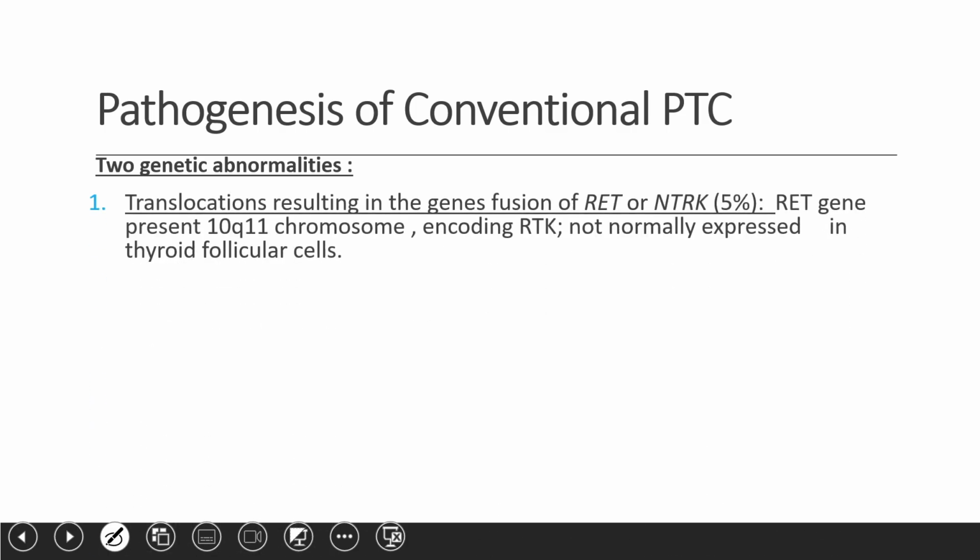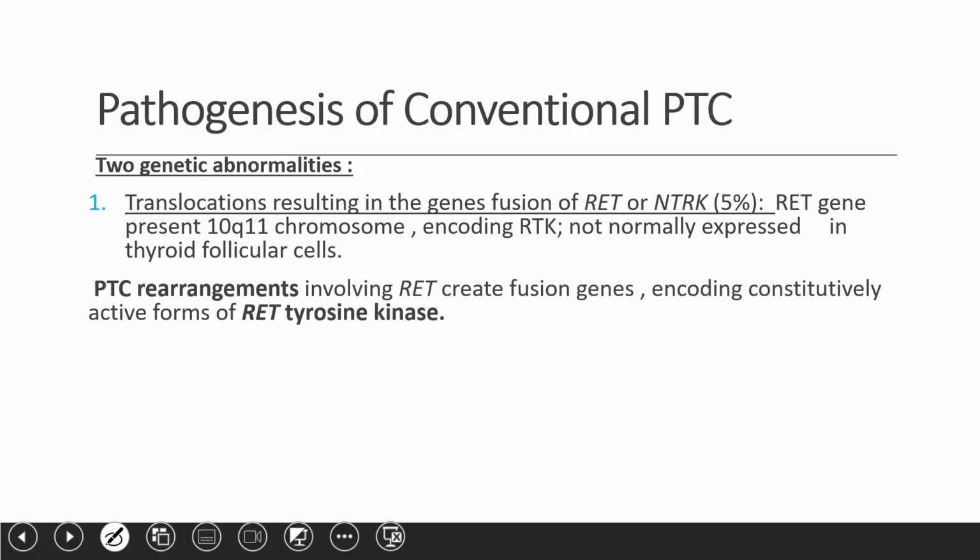First could be the translocation resulting in the gene fusion of the RET or NTRK, and that happens in 5% of cases, where the RET gene is present on the long arm of the 10th chromosome in its 11th band, and that encodes an RTK, not normally present in the thyroid follicular cells, but after the fusion it may be present in these thyroid follicular cells, and that will result in growth signaling.